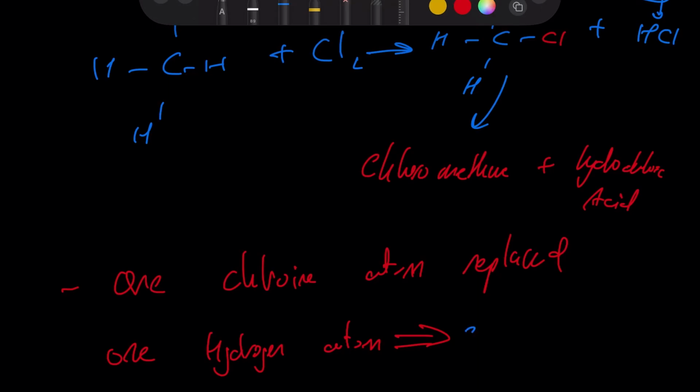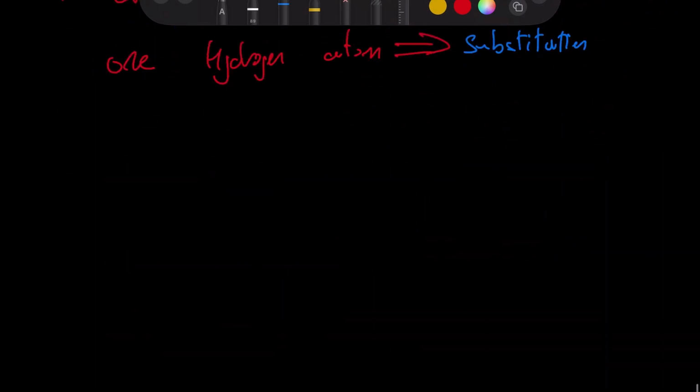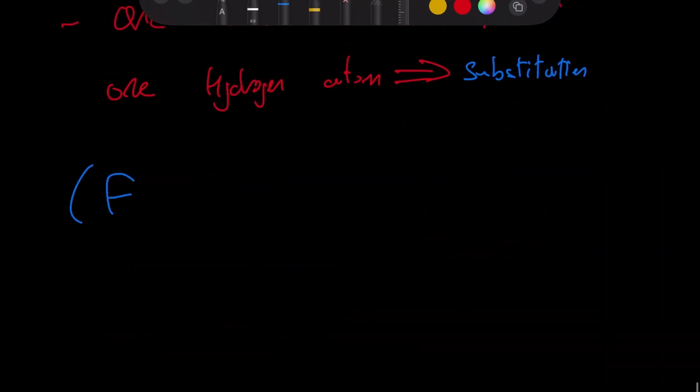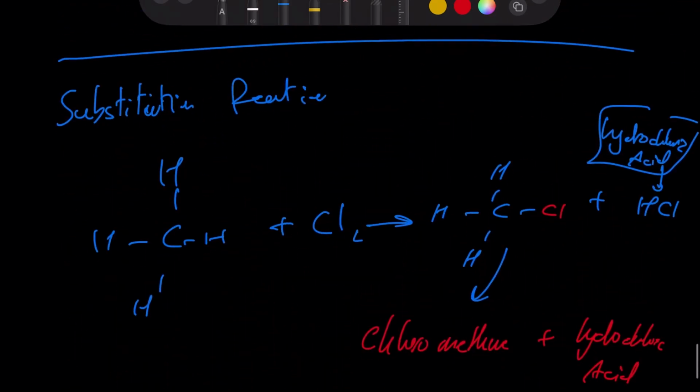Think about a football match: when one player goes out and another player goes in, this is called substitution. So we have methane plus chlorine equals chloromethane plus hydrochloric acid.